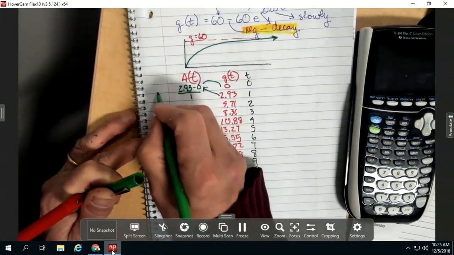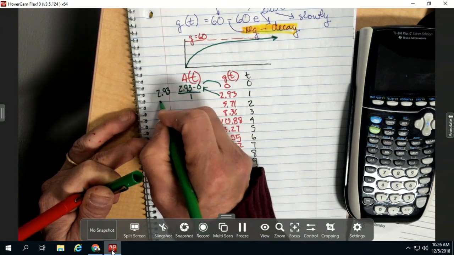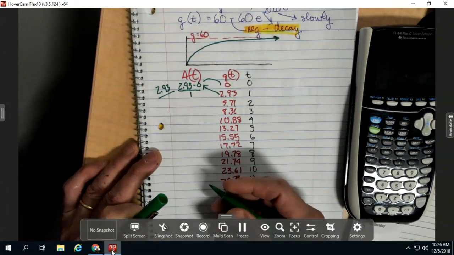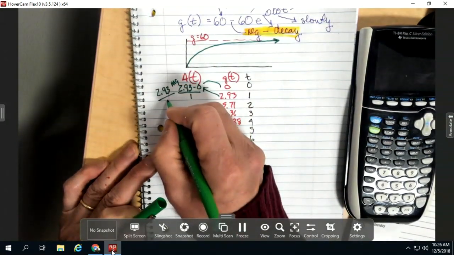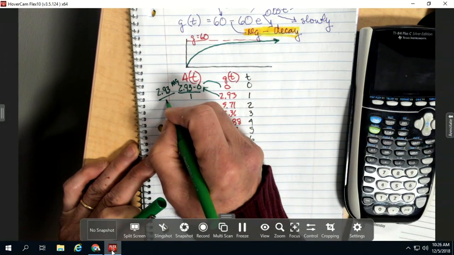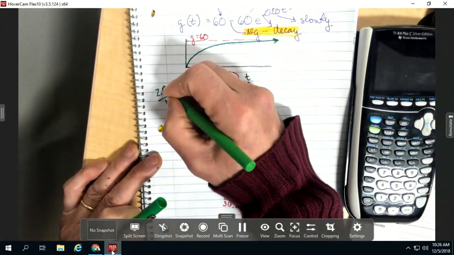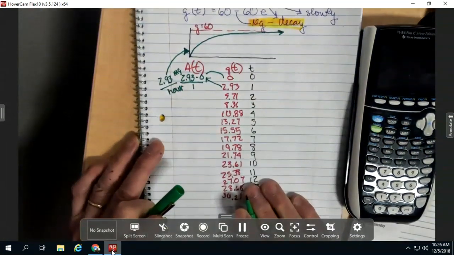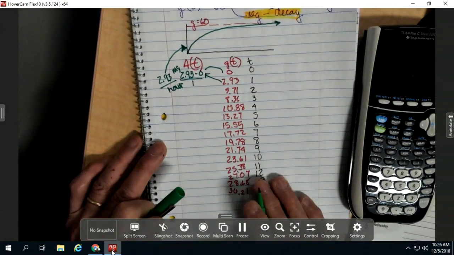So the first one is 2.93 something per something. What? Milligrams per hour. So at the very beginning, since it's positive, what does that tell us? It's increasing, right? 2.93 in the first hour.